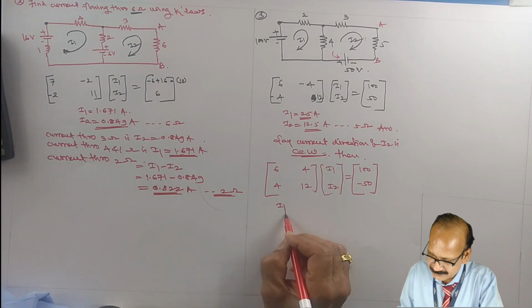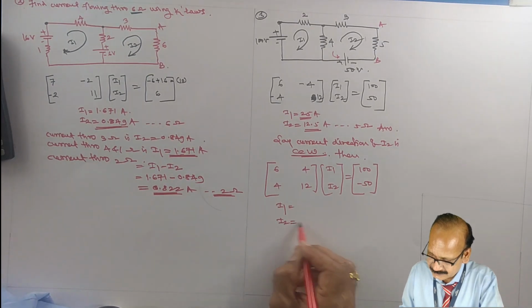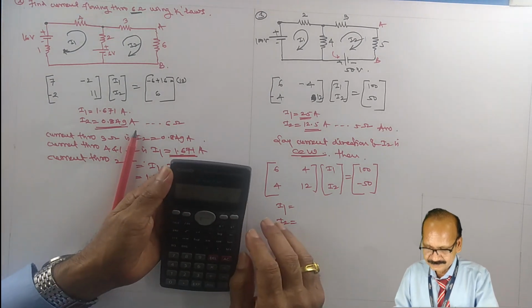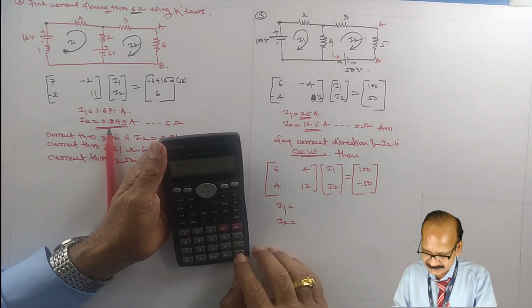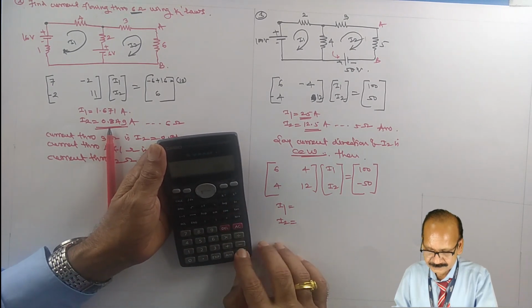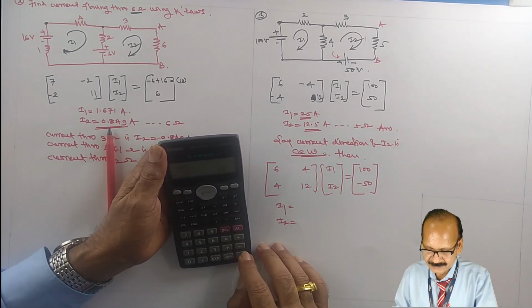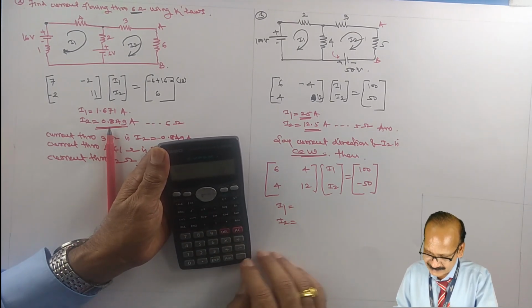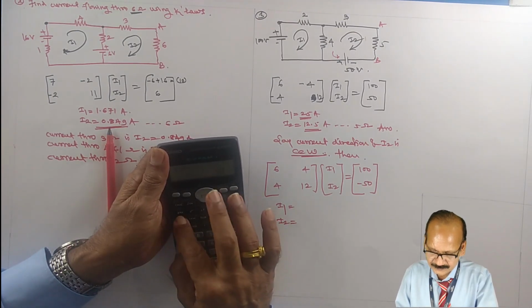So solve it by using the calculator. Matrix method, once again, A1 6, B1 plus 4, C1 100, then A2 plus 4, B2 12 and C2 minus 50.